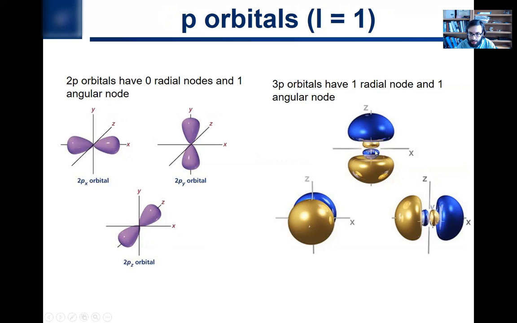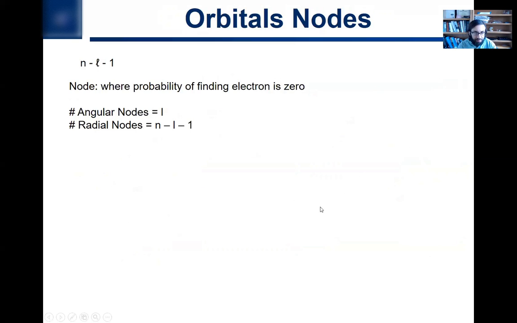So you can see what that looks like in there. There's sort of this mini core-like p orbital with opposite signs as compared to the main outer p orbital. A 4p orbital would have 2 radial nodes and 1 angular node. So this trend would continue going to 5p, etc.